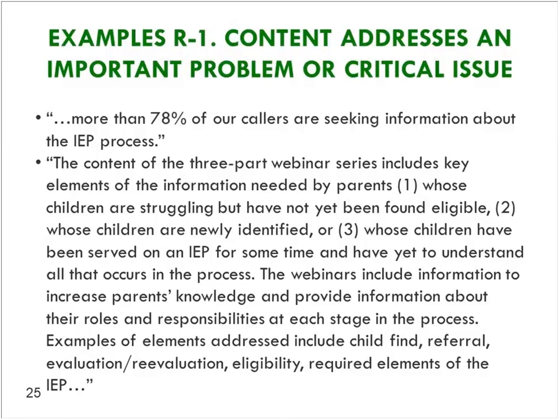In the next bullet, the center talked about their three-part webinar series, what it was designed to do, and specifically how it was dealing with a critically important issue. So you'll see, again, the type of detail that's required in order for the panelists to really understand what it is that you did when you delivered the particular service.